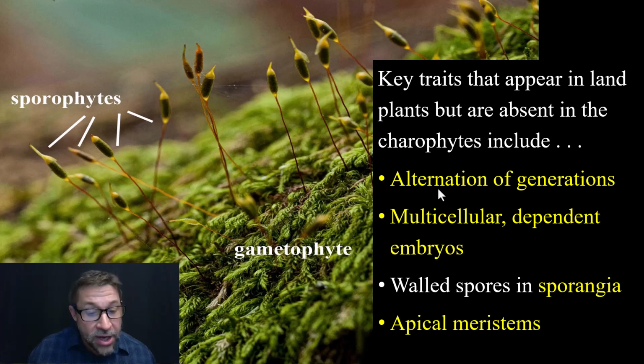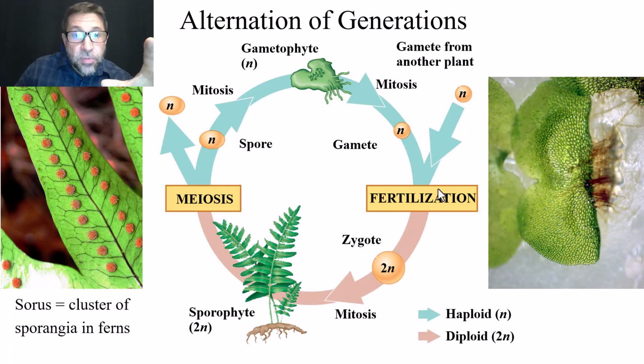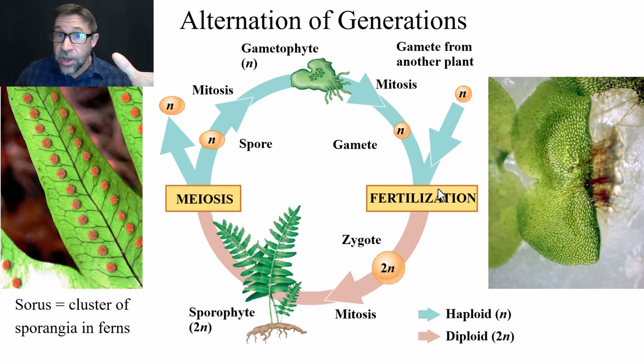Hopefully you remember from 181, stem cells are undifferentiated cells or pluripotent cells that can be coaxed into growing into any tissue type. So we're going to return to meristems and stem cells when we discuss plant growth in Learning Activity 10.1.